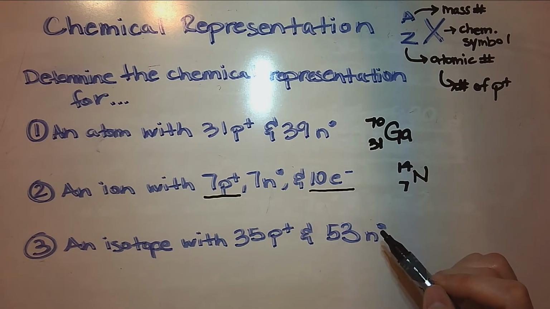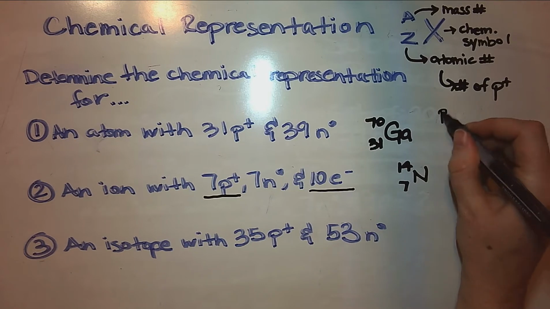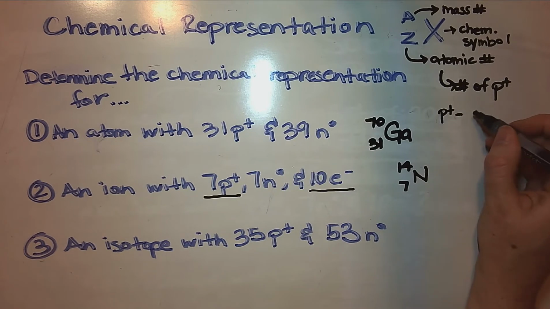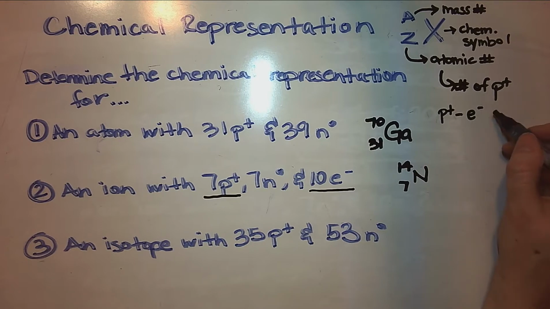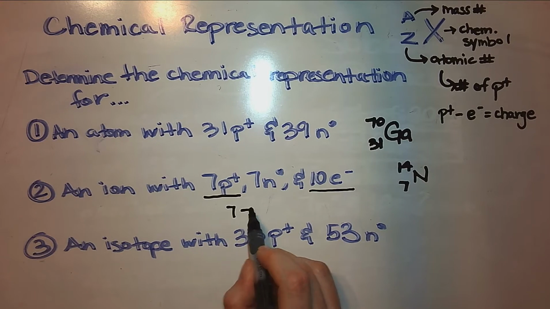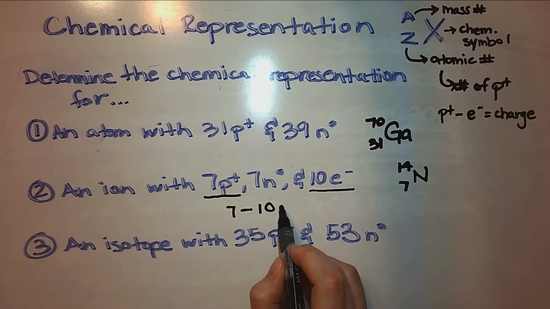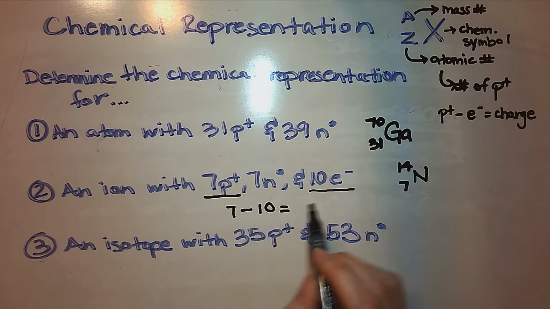Remember, with ions, you have to express their charge. And we learned before that protons minus electrons will give you your charge, or we learned that we can work backwards to find what we need. So we have 7 protons minus 10 electrons. So 7 minus 10 will give me -3.